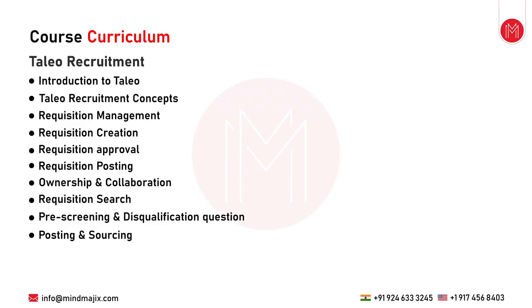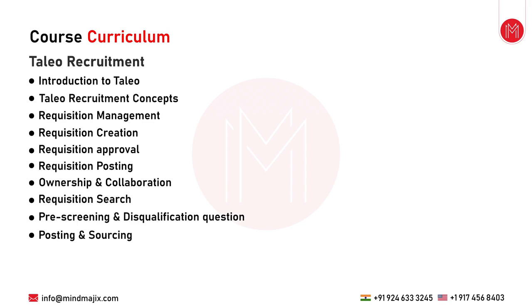Let's say a requisition is rejected. First, let's take two cases here. Case one is requisition rejected. So what happens? When a requisition is rejected, it routes back to the recruiter, and while rejecting, the hiring manager should leave their comments: the reason why the requisition is rejected, is it because the salary grade minimum or maximum is exceeded for this open position, or the job description is not relevant.